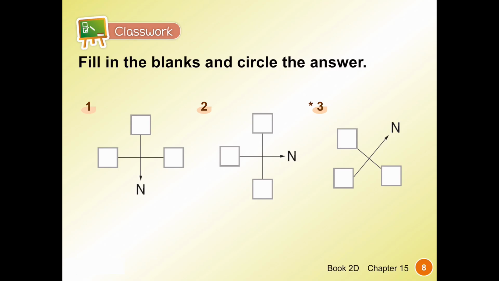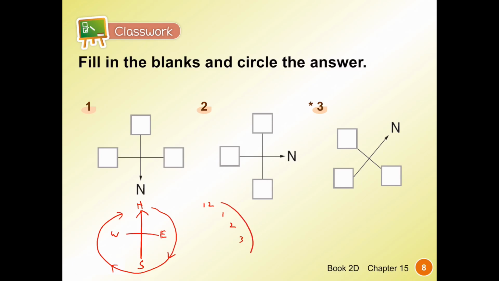Let me show you the original one that we have. This is the one that you are used to, and when we are provided with the direction north, what we have to do in order to figure out the other 3 is follow the clockwise direction, just like on our clock we have 12, 1, 2.